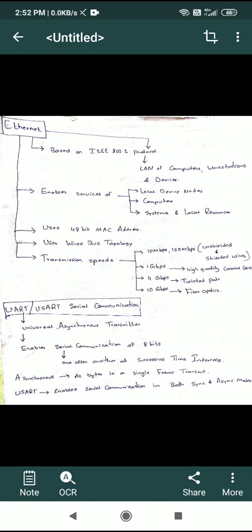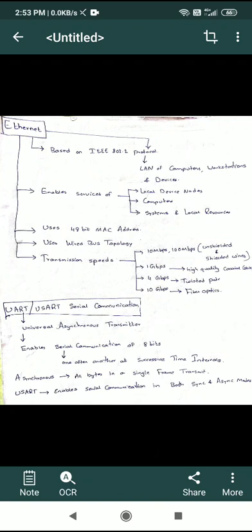Ethernet is based on IEEE standard 802.2, and it serves local device nodes, computers, systems and local resources, whatever they may be. In Ethernet we use wired bus topology; generally we prefer bus topology. For data connection or IP address, Ethernet uses a 48-bit MAC address mechanism.